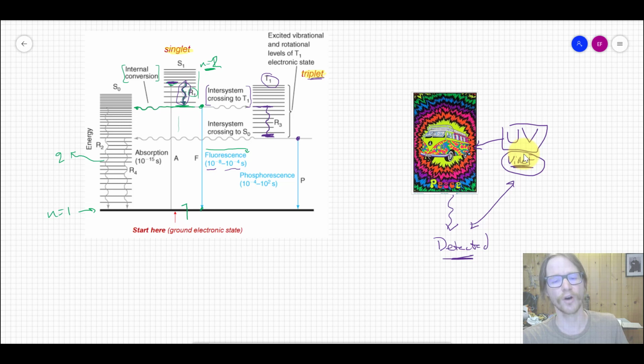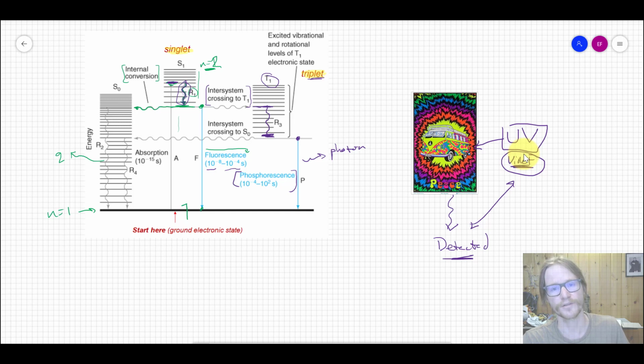In doing so, it re-emits a photon, if it proceeds through this method. This type of photon emission gets a name called phosphorescence, which is distinctly different than fluorescence in that it's fundamentally different in terms of the energy states that the electron transits through.